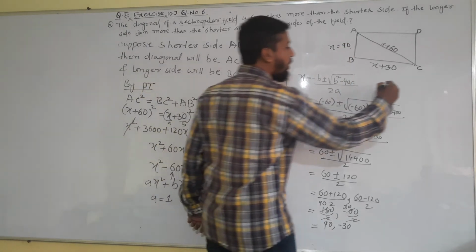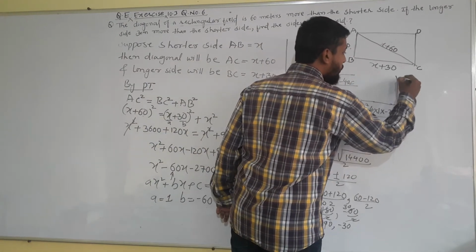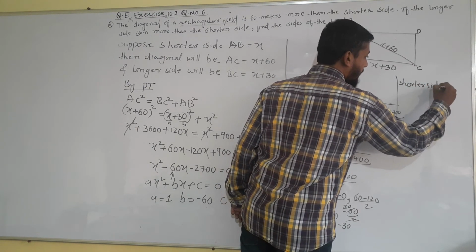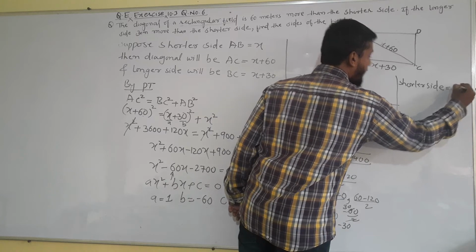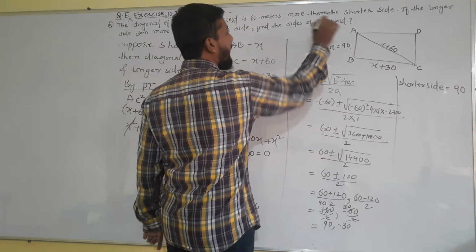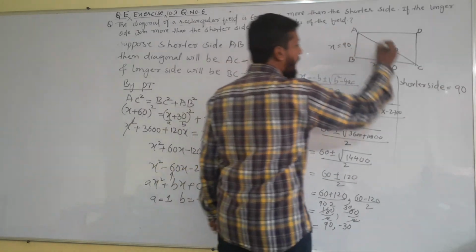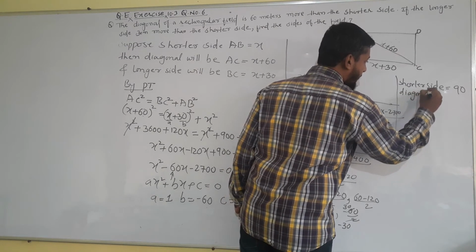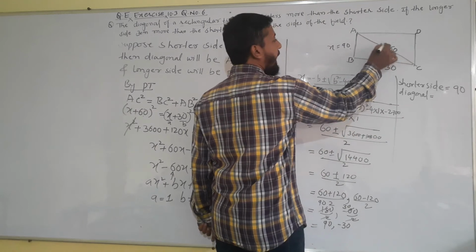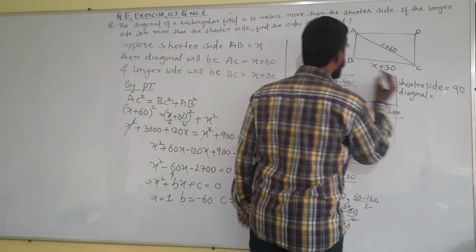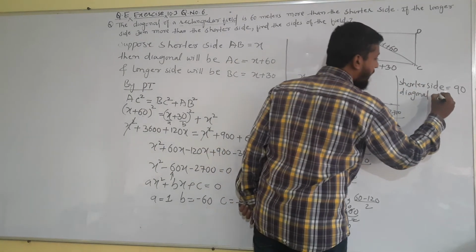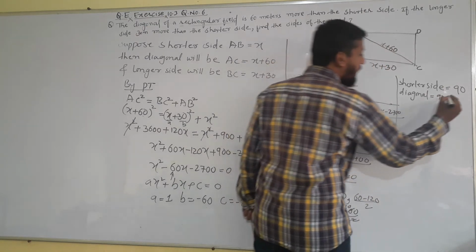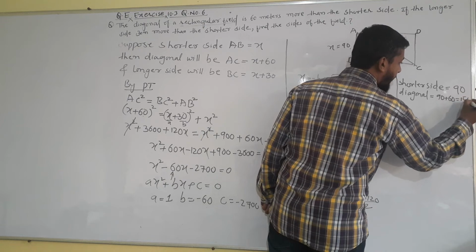So I will write all the values here. Shorter side is equal to 90. Here find the sides of the field. Now diagonal is equal to x plus 60. X is how much? 90. 90 plus 60 is equal to 150.